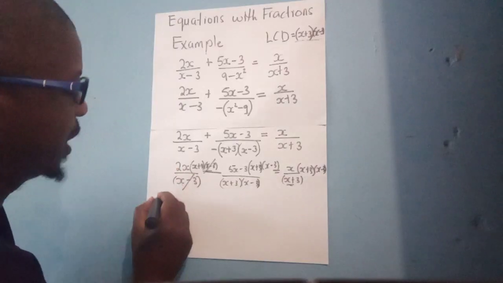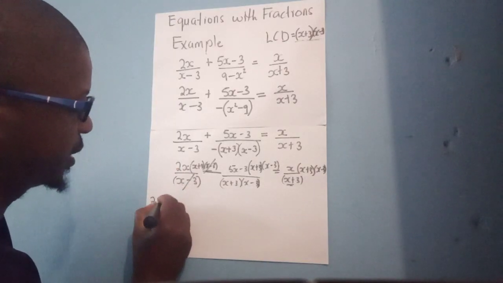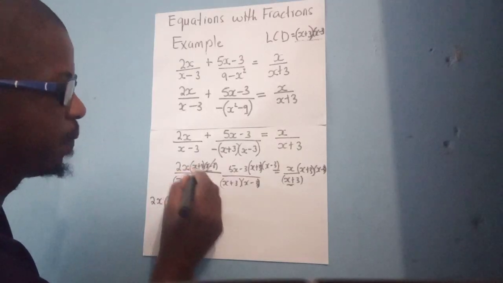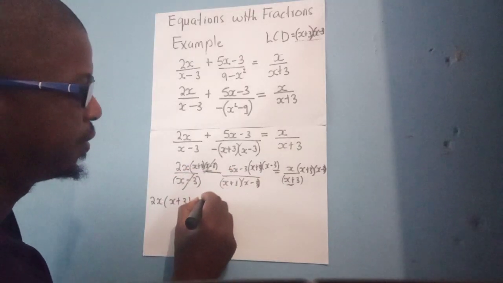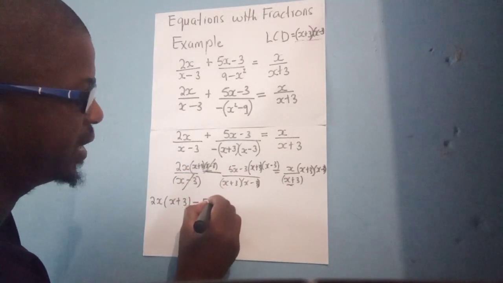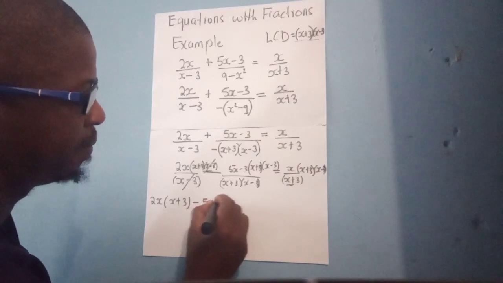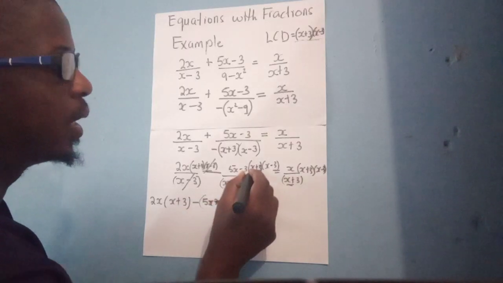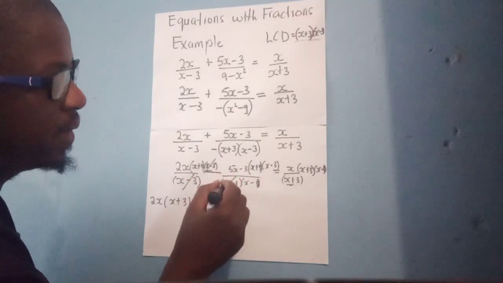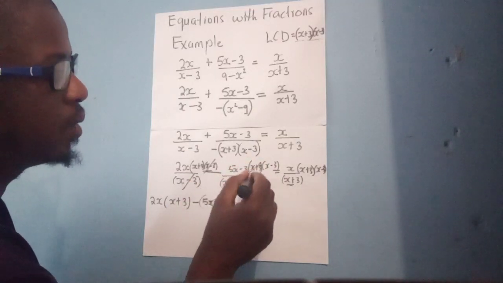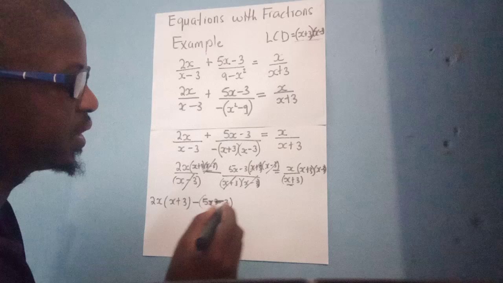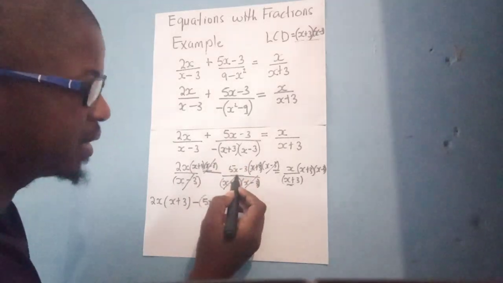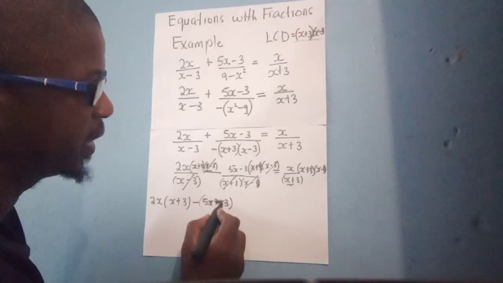So I'm going to remain with 2x, x plus 3, minus 5x minus 3, as in this and that will cancel, and this one also will cancel. So in this case, I'll only have to remain with 5x minus 3.